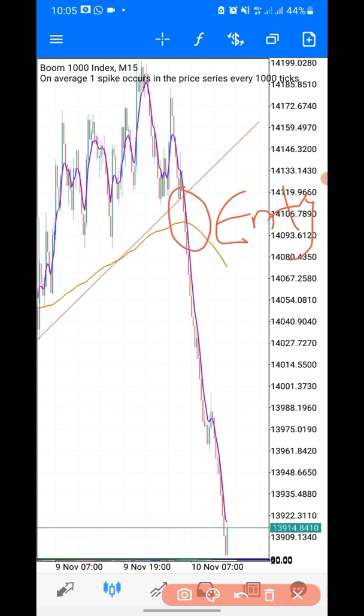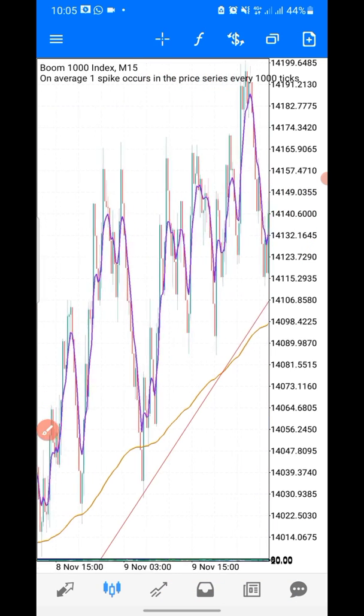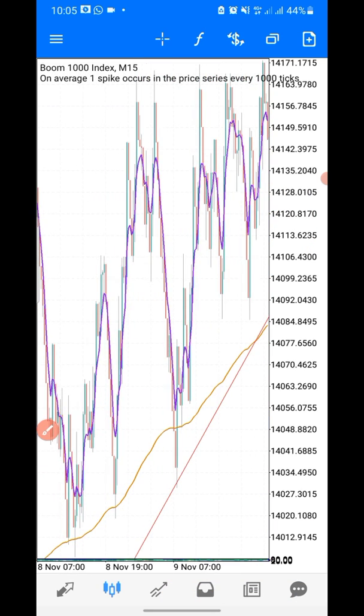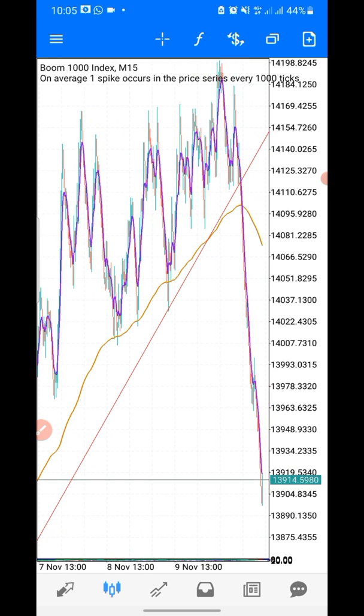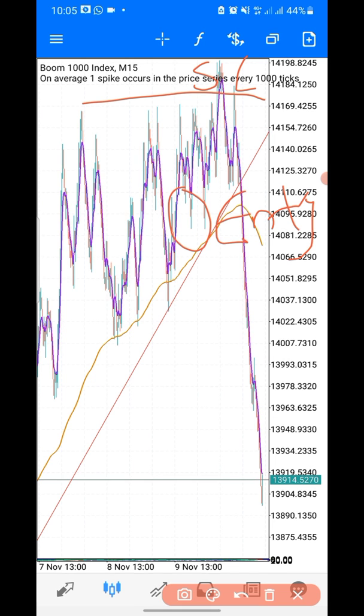This would have been our stop loss, and here is going to be our profit. All we have to do is minimize and look at the closest low, and this happens to be the closest low. So this would have been our take profit level.